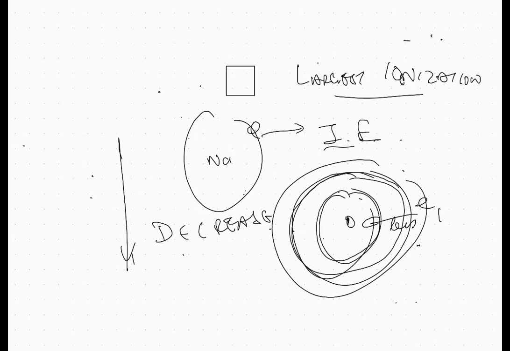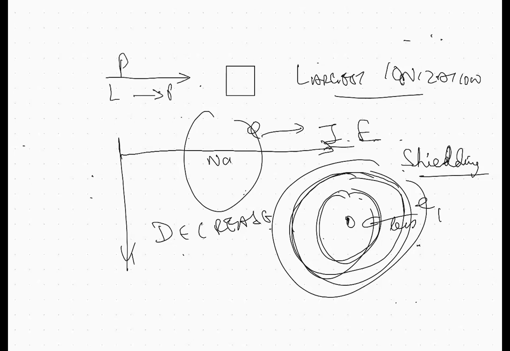It shields that effect. Then when you go across a period, ionization energy increases because more protons are adding, right? As we go from left to right, more protons are adding. That means more force is there to hold these electrons. So the ionization energy increases from left to right.